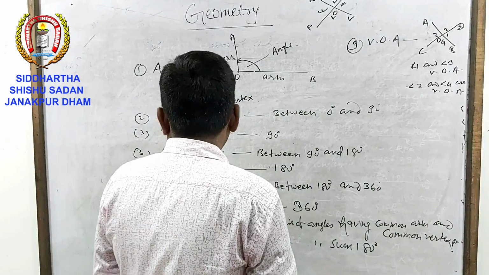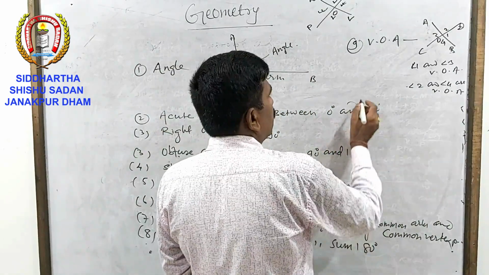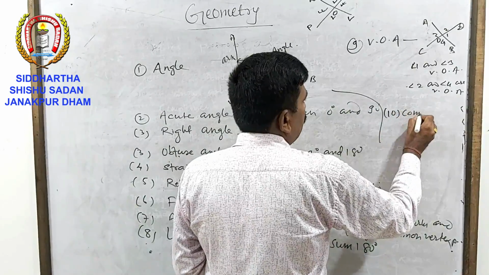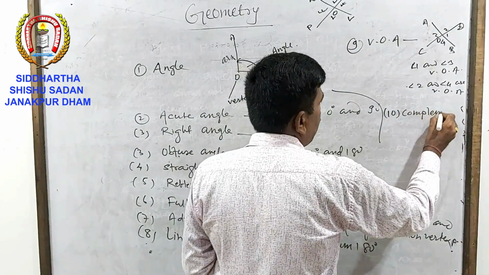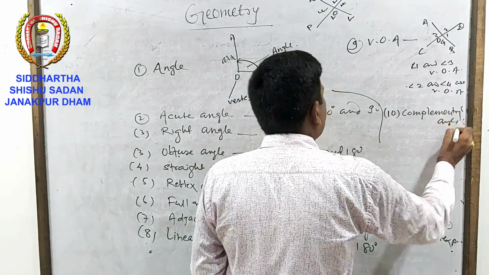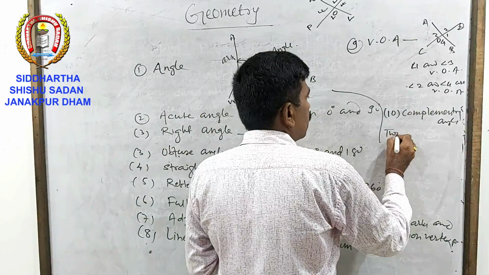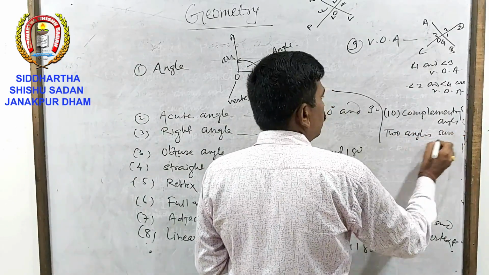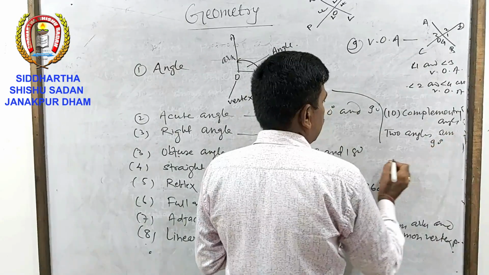And then number 10 we have learned about the complementary angle. That means two angles sum 90 degree.